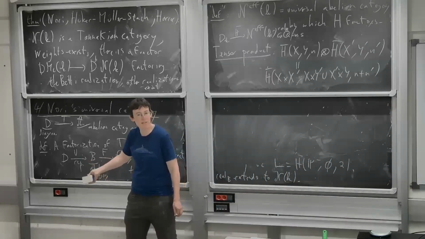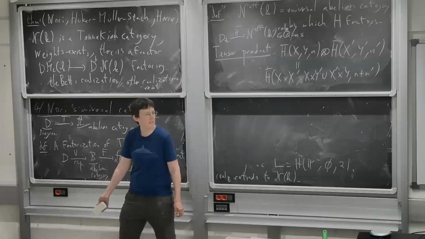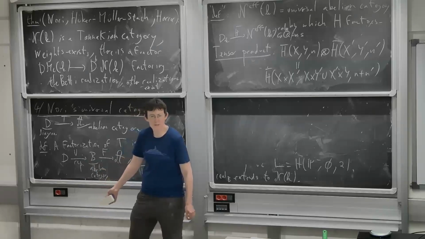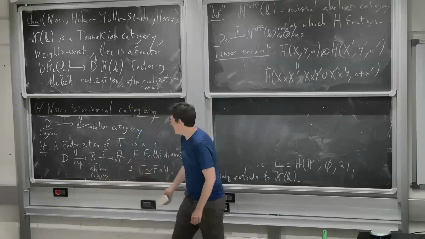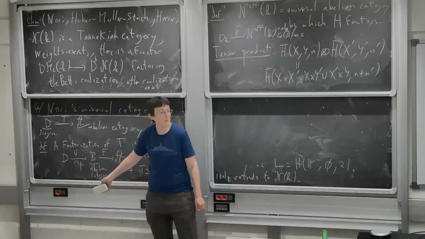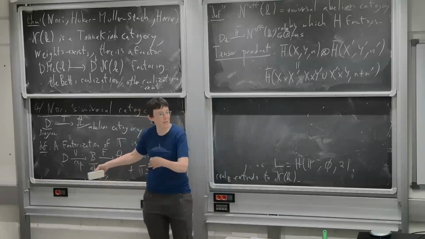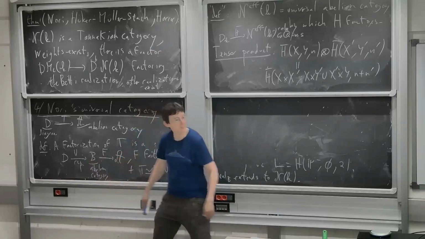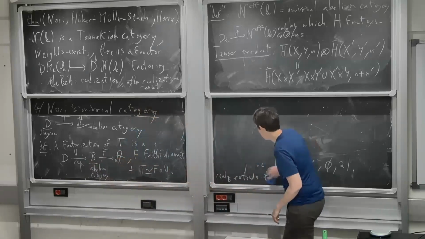So I can let you imagine what a morphism of factorization is. It's an essentially commutative diagram of functors, but you have to keep track of the isomorphisms so that they're all compatible. It's very easy to write out.